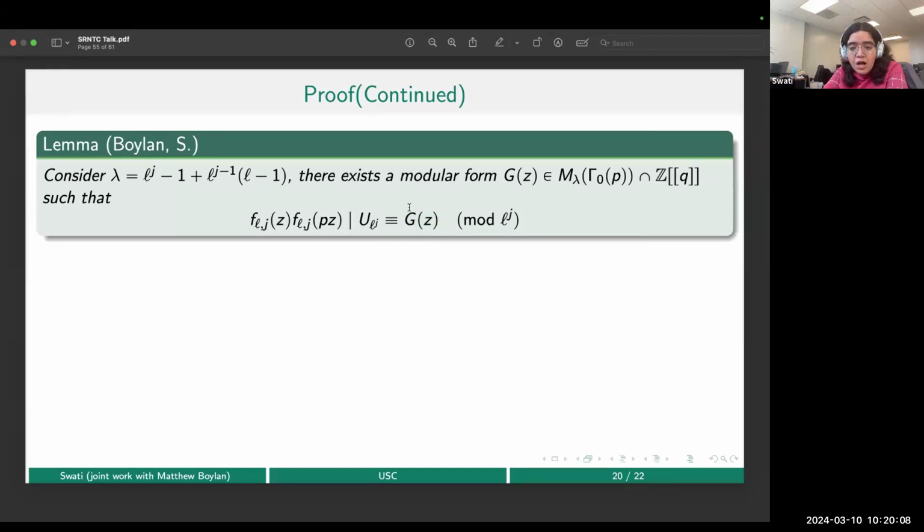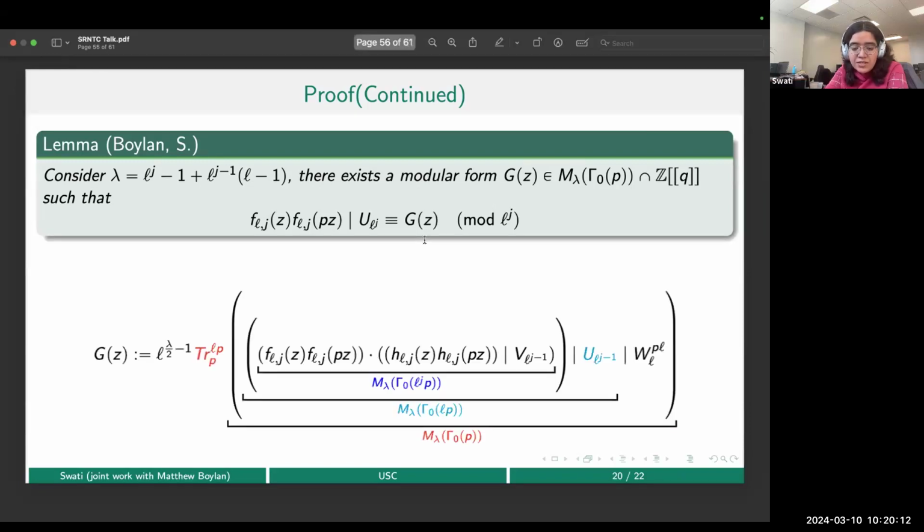Now, how this modular form GZ comes into the picture: if you look at this inner parenthesis, this is a modular form of weight lambda, level LJP. We act on this by the operator ULJ minus 1, which will drop the level by a factor of LJ minus 1. So that leaves us with a modular form of weight lambda and level LP.